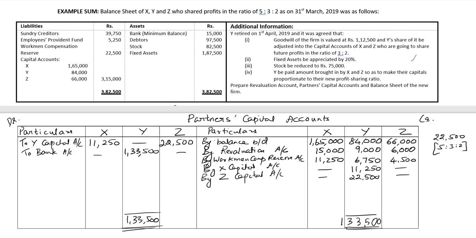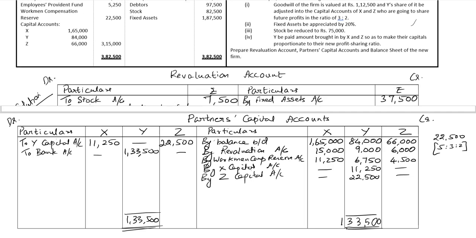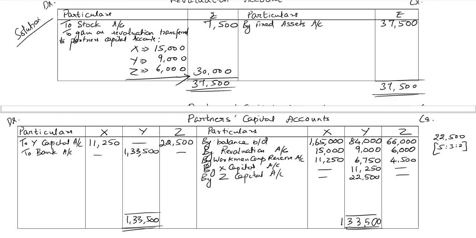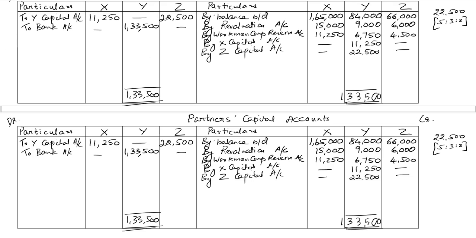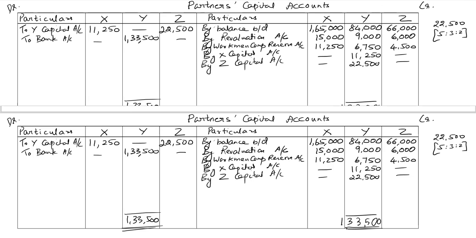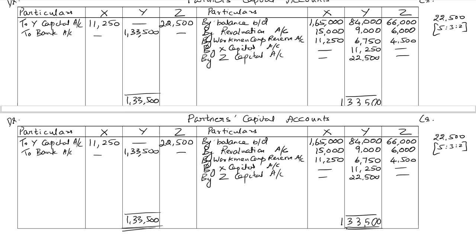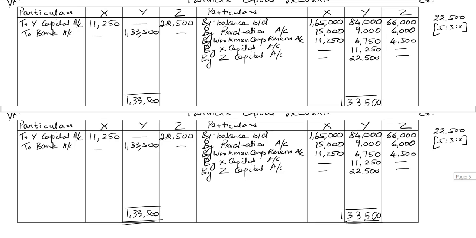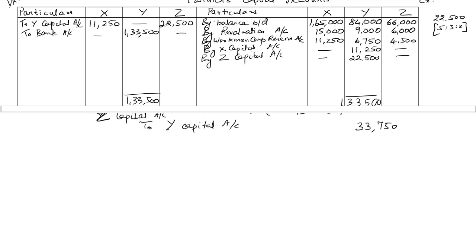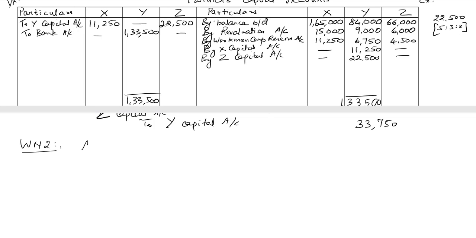We'll continue with the adjustment of capital. We'll put the partner's capital account in the first half of the screen. Working note 2 is adjustment of capitals.